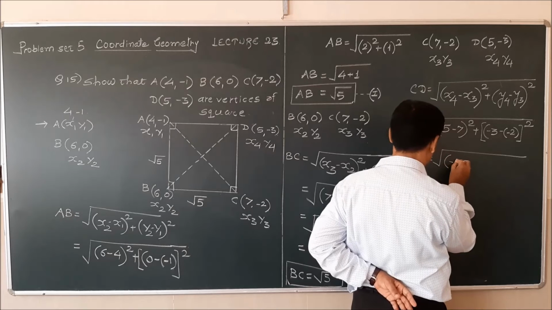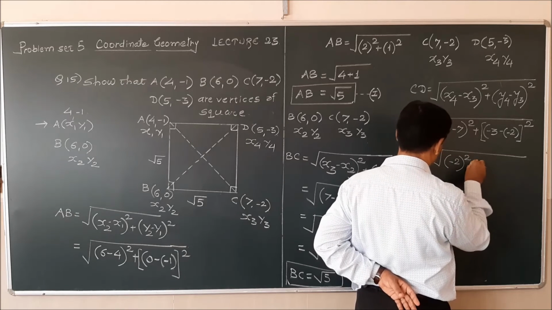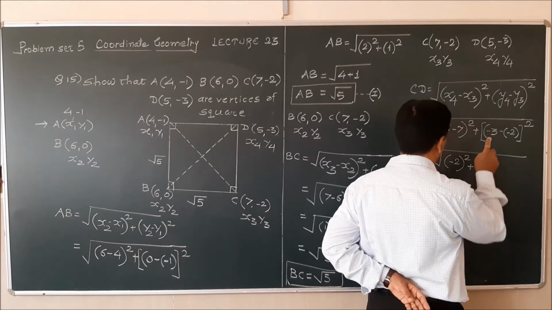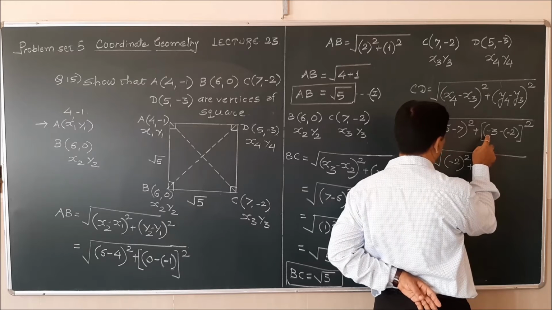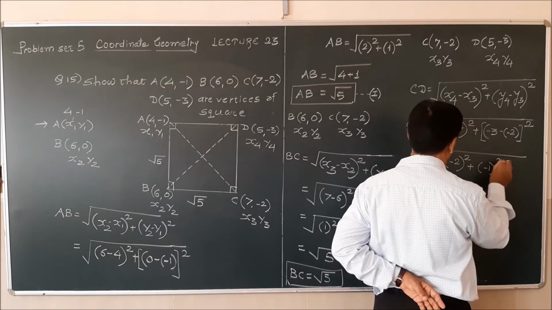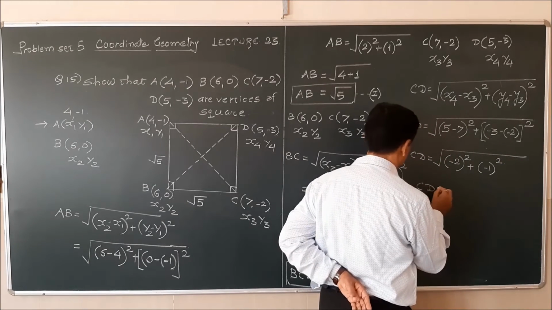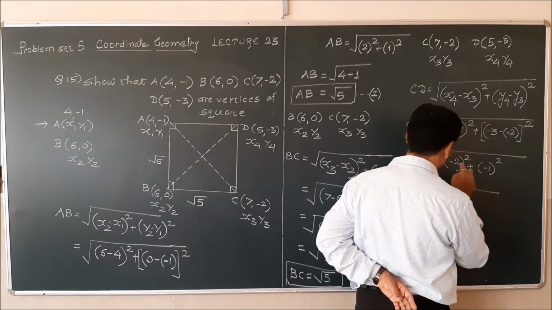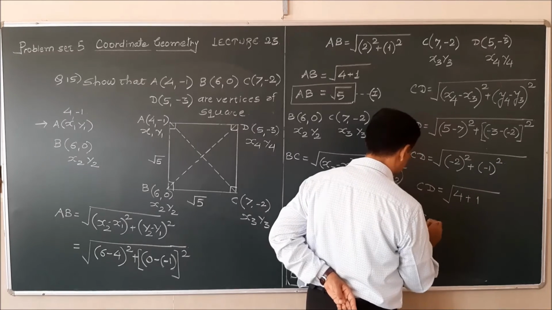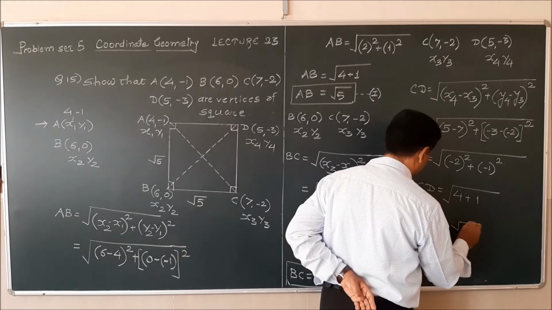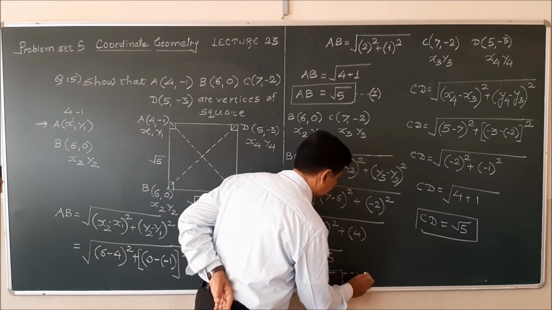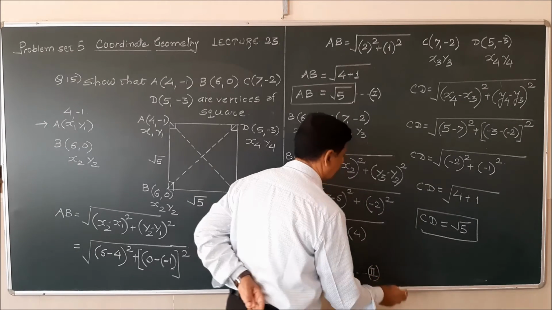So minus 2 the whole square plus, important point now, minus 3 plus 2 is minus 1. So CD is equal to minus 2 square is plus 4, minus 1 square is 1. CD is equal to root 5. So this is second and this is third.